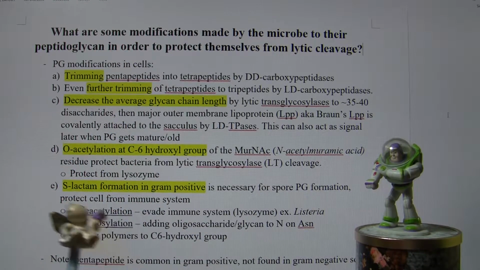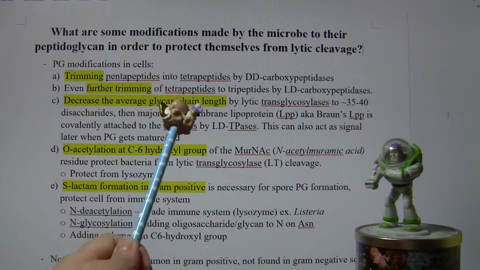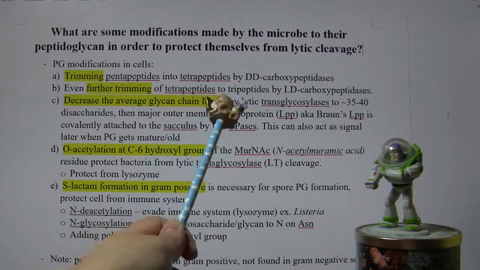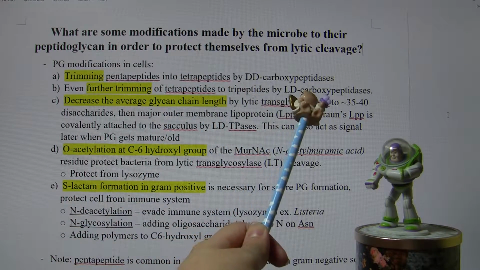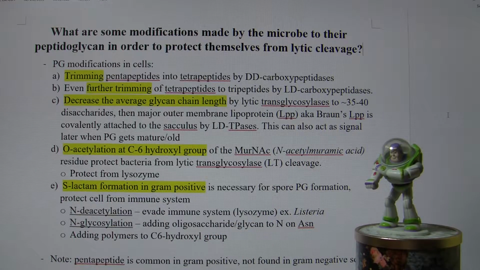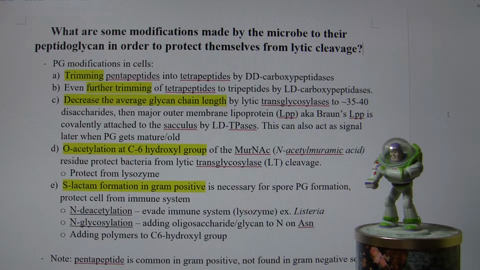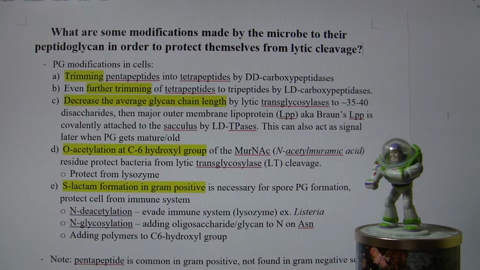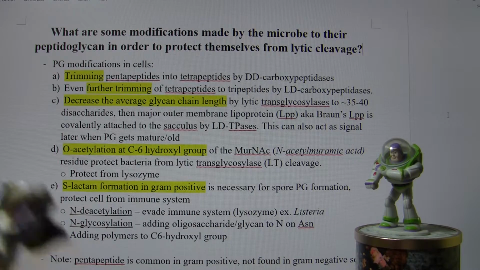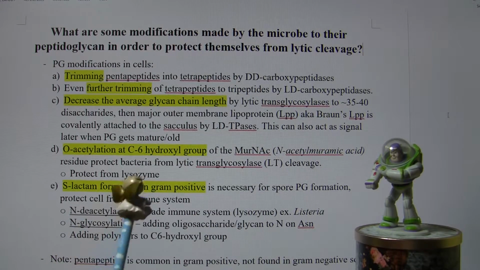Then even further trimming occurs from tetrapeptide to tripeptide using L-decarboxypeptidase. The cell also decreases the average glycan chain length by using a lytic N-glycosylase to make the size about 35 to 40 disaccharides.